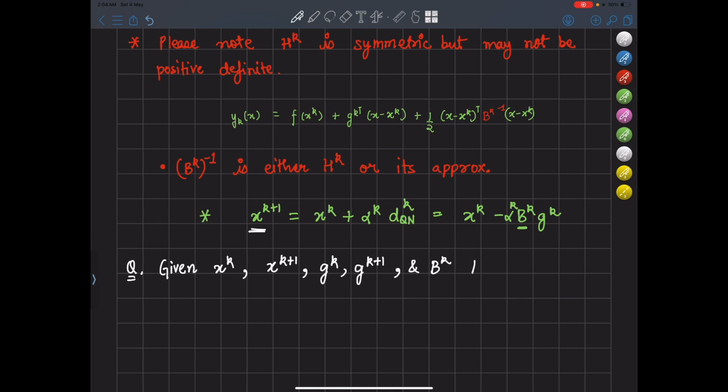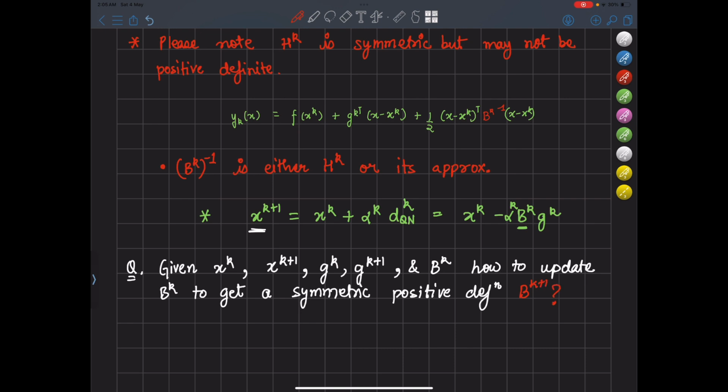How to update Bk to get a symmetric positive definite matrix Bk plus 1?